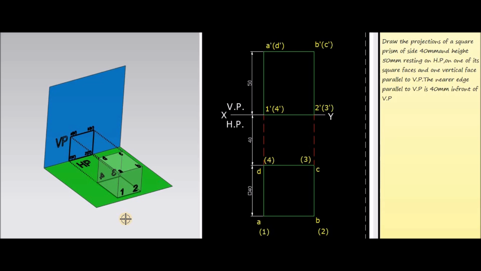Now it is given that the side of the prism is 40 mm. That means side AB or BC is equal to 40 mm, or 1, 2 or 2, 3 is 40 mm, and the square prism is resting on HP on one of its square faces.